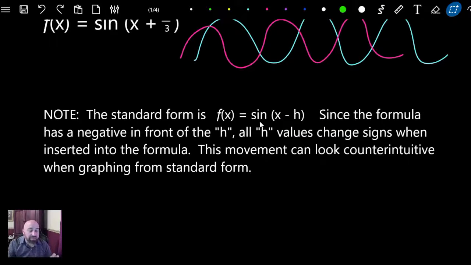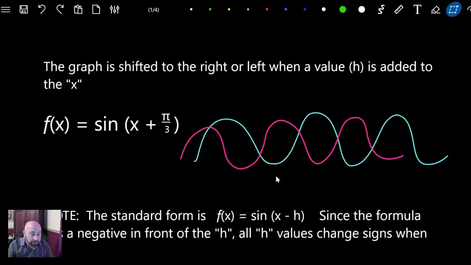Since the formula has a negative in front of the h, all h values change signs when inserted into the formula. So watch this. What is the h value here? Okay, you might say it's pi over 3. No, it's negative pi over 3. Okay, now watch.